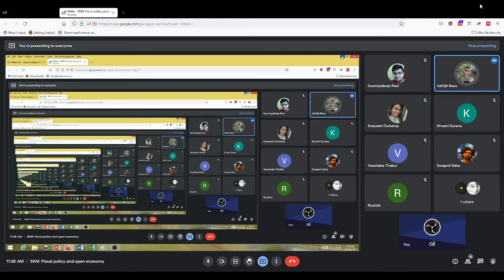You can also see the equilibrium condition. The alternative equilibrium condition was S plus T equal to I plus G, right?